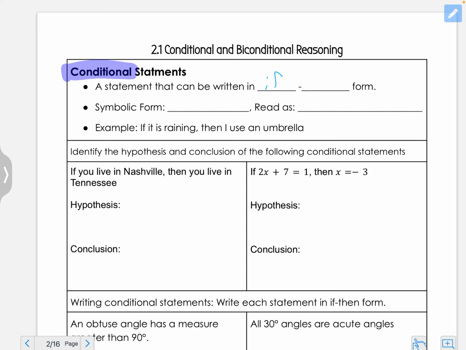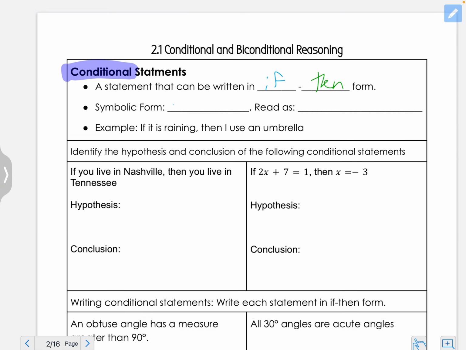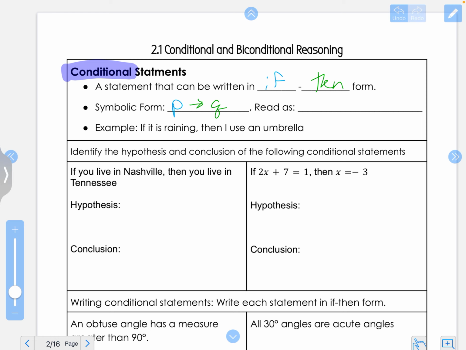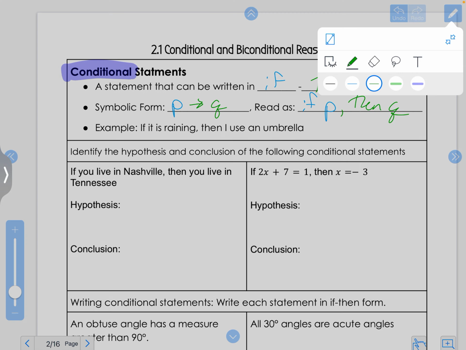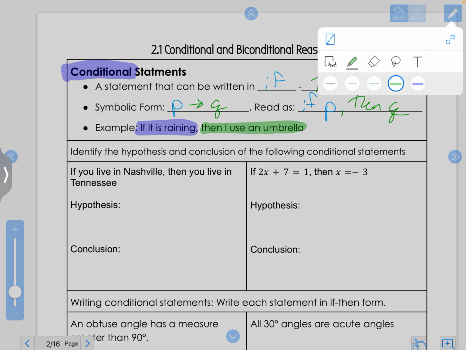A conditional statement is written as an if-then statement. In symbolic form, we're talking about if P, then Q. We read that as if P, comma, then Q. In our example, P is our hypothesis: if it is raining, then our conclusion is that we need an umbrella to protect ourselves from the rain.